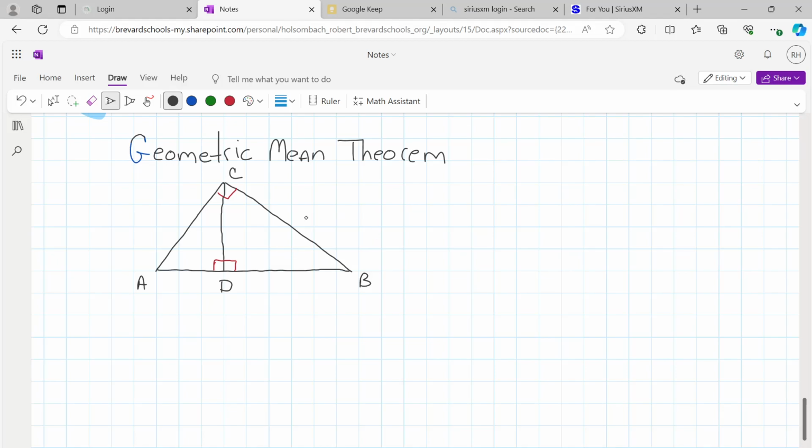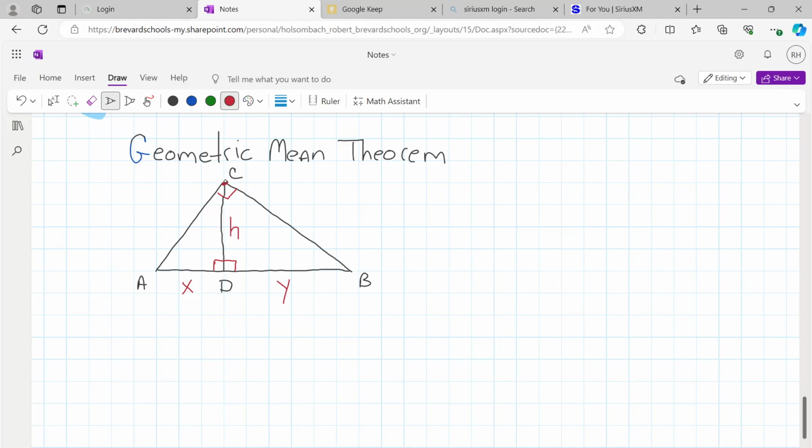Now, for this part of the theorem, we're concerned with the length of CD, which we're going to label H, A to D, which we're going to label X, and D to B, which we're going to label Y. H is the altitude drawn to the hypotenuse.